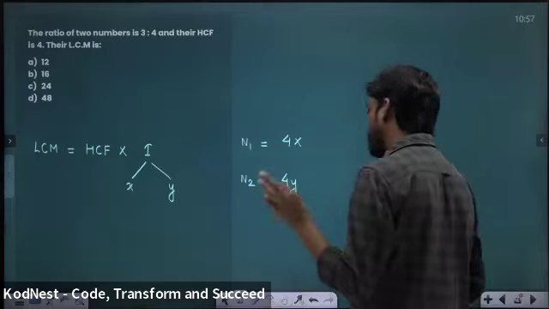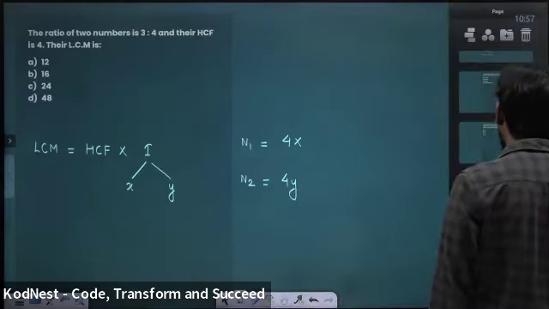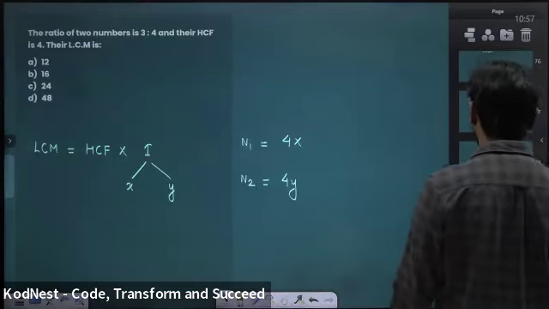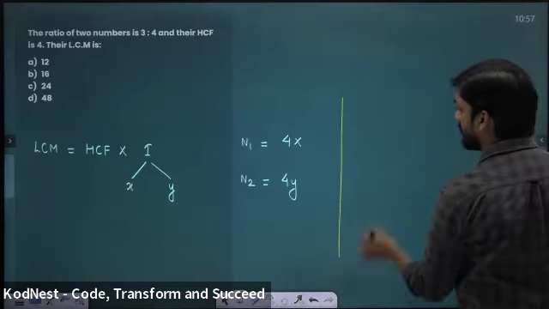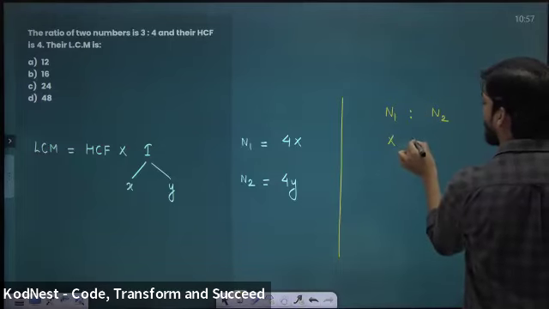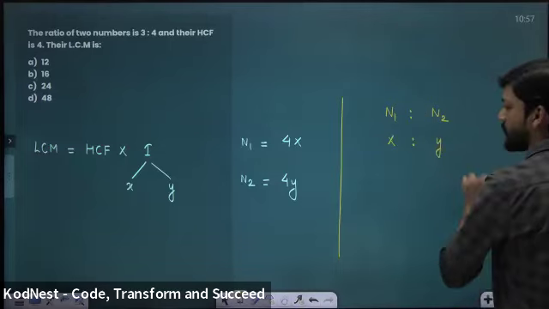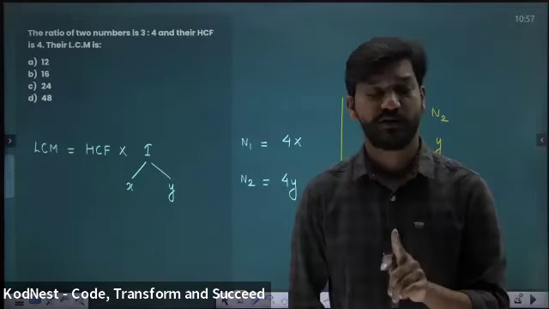So the shortest way I've told you already. Please carefully answer. Did I tell you this or not? The ratio of numbers and x ratio y will be same. Yes or not? I told you this in the previous question.